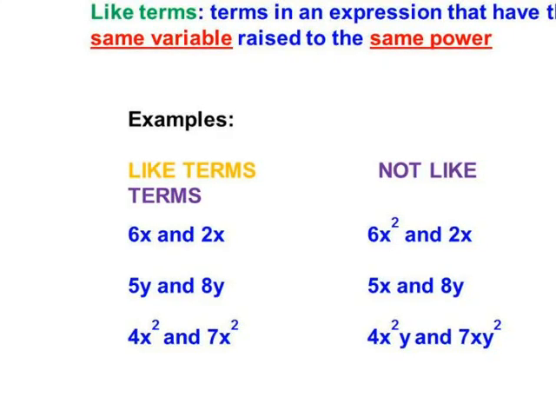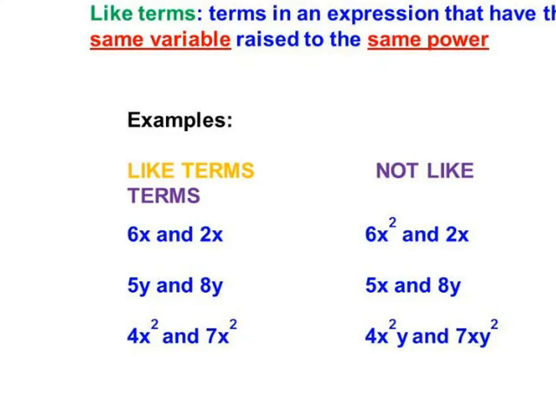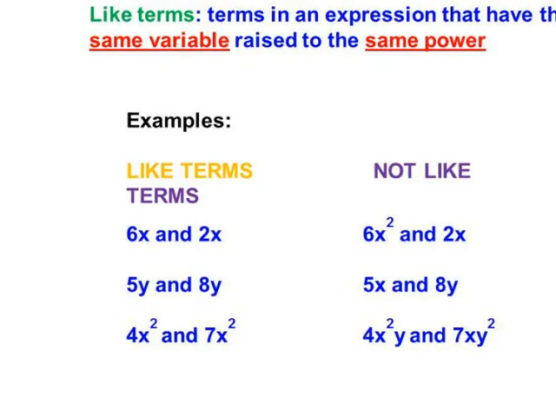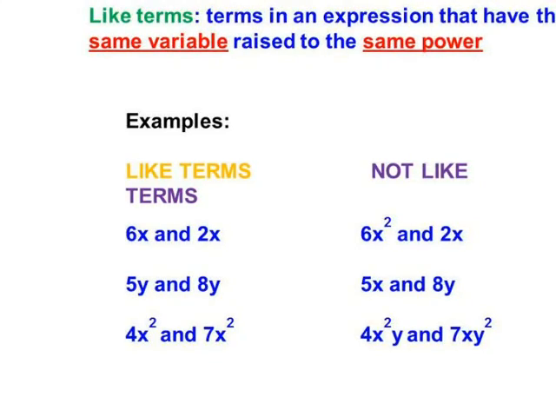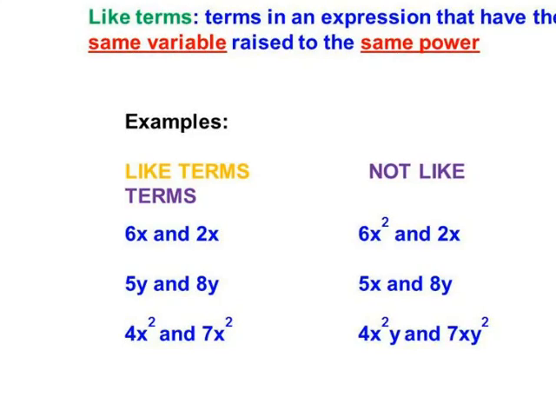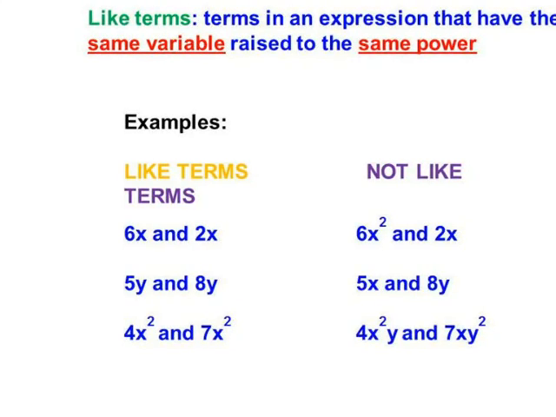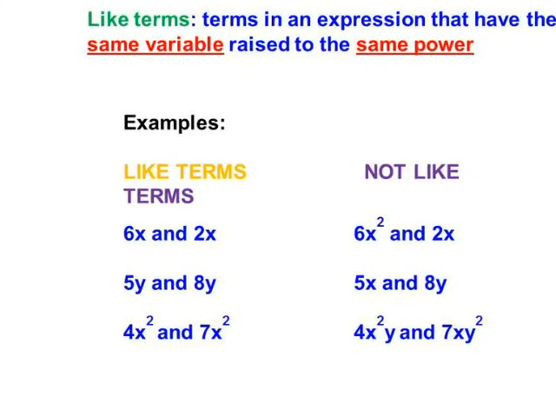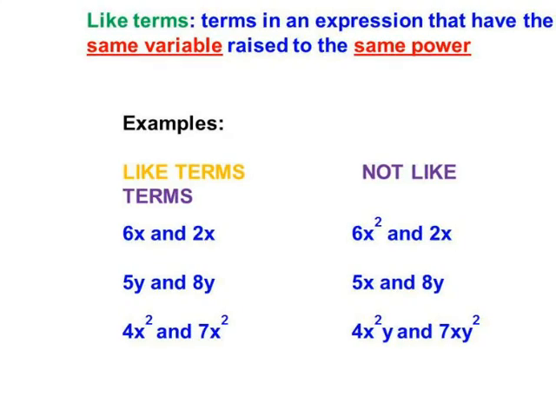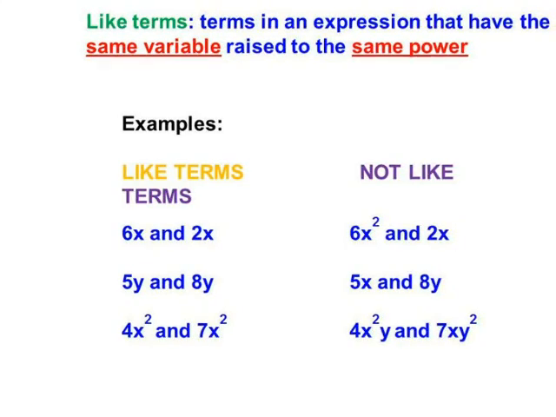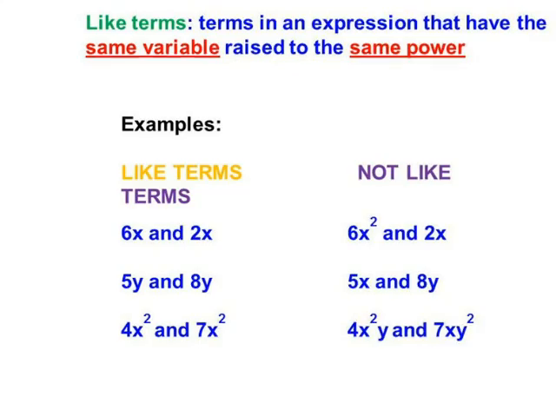Expressions that are not alike, look to your right. 6x squared and 2x to the first power are not alike. They do not have the same power. 5x and 8y are not alike because they have different variables. One is an x and one is a y.